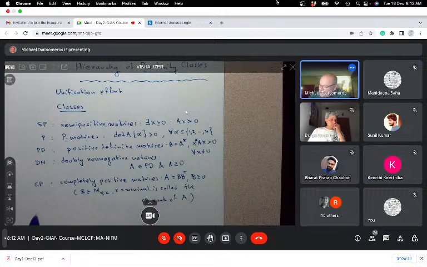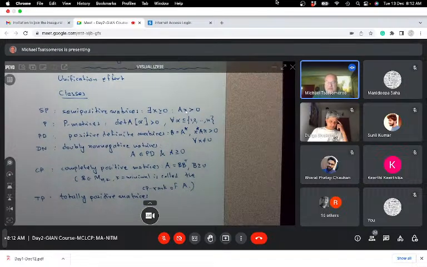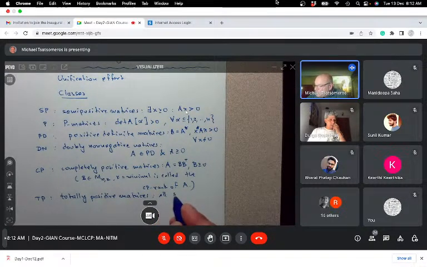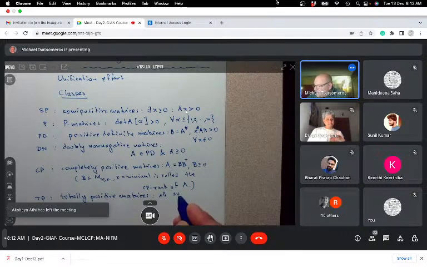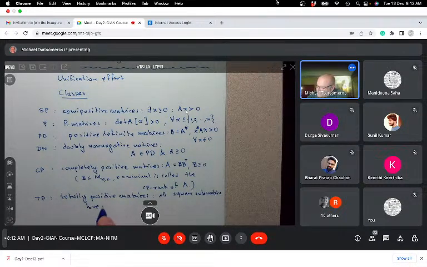Then we have the TP, which stands for totally positive matrices. What does this mean? It means that every minor, not only the principal ones, so all square submatrices, have positive determinant.